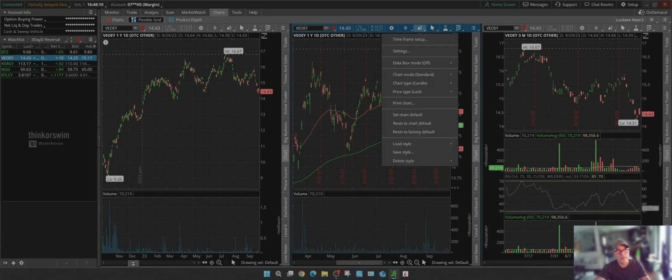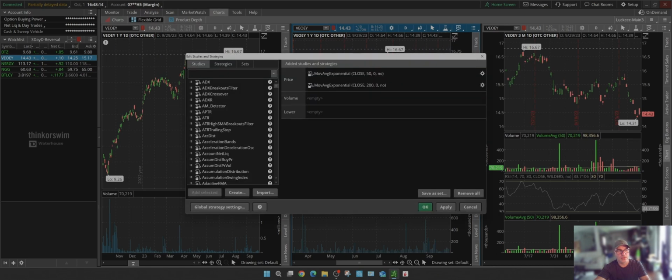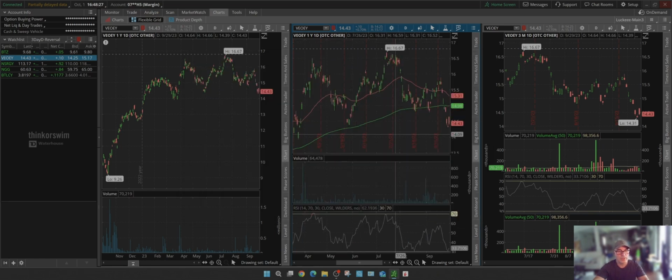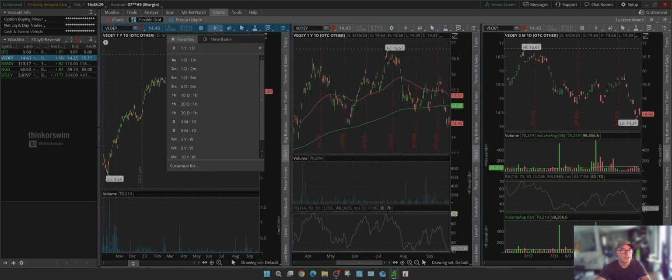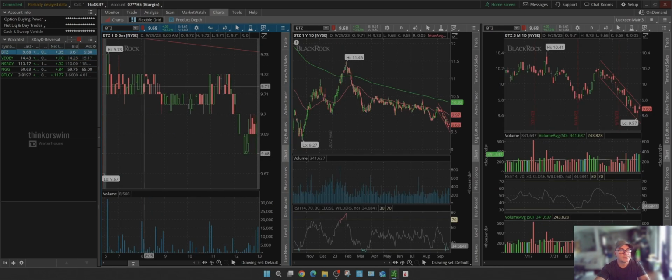Oh, one more study I like to add. It's called RSI, just to see how oversold we are. And I use this 5 minutes to see where we are at.